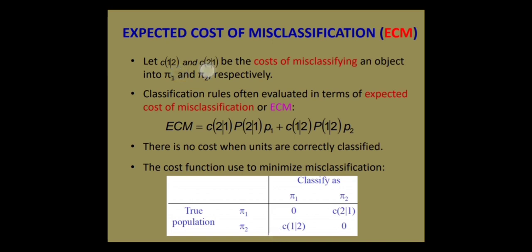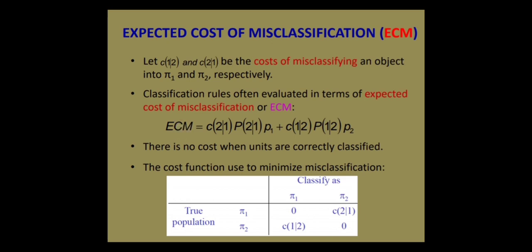C21 is the cost of misclassifying the object into the second population pi 2, but actually that observation comes from the first population. So to calculate the expected cost of misclassification is the formula.